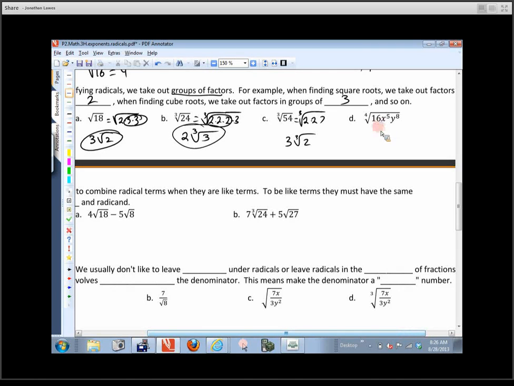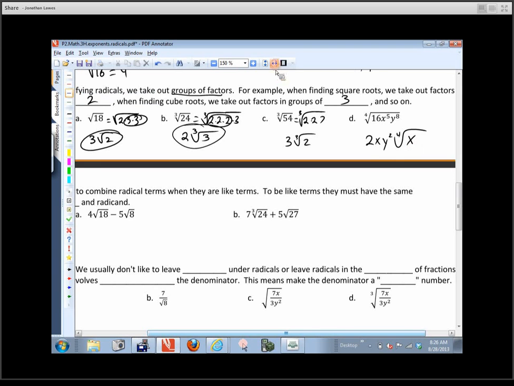Groups of 4. 16 is 4 2's, so there's a 2 there. Do I have any x's I can take out? Yeah. How many groups of 4 x's do I have? 1 group, so that's going to be x to the first on the outside. How many groups of 4 y's do I have? 2, so that's going to be y squared on the outside. Fourth root of what is stuck underneath? Just 1x. Okay? Any questions?